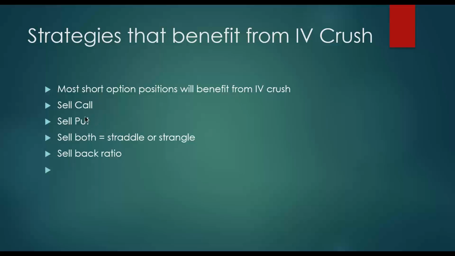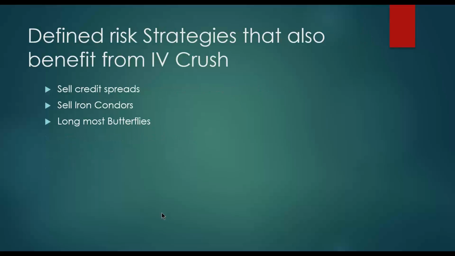So these are undefined risk strategies on this page. But if we move to the next slide, these are defined risk strategies. That is the maximum you can lose, in other words.